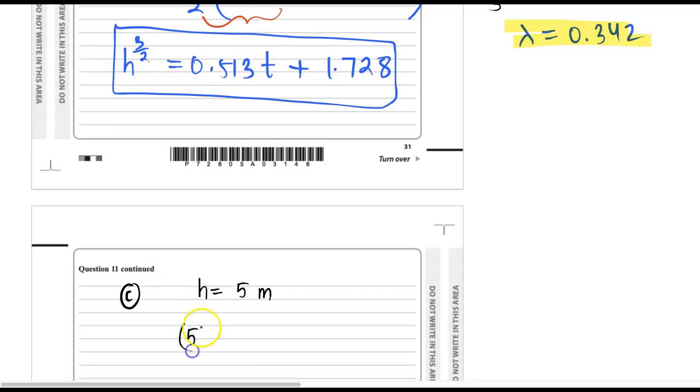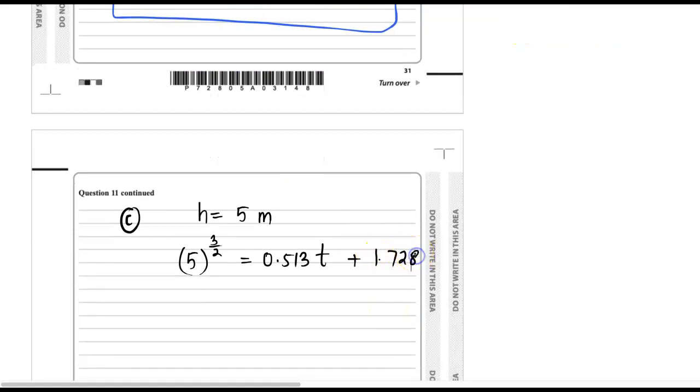So 5 to the power 3/2 is equal to 0.513 t plus 1.728. Please use your calculator and do this one. I'm also using it. So 5 to the power of 3 halves, take away 1.728, and this thing divided by 0.513.